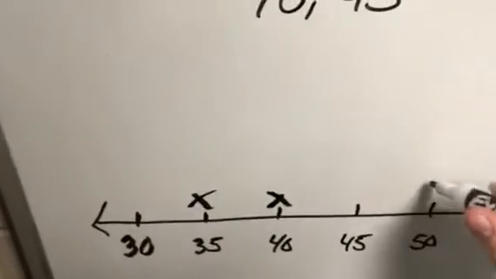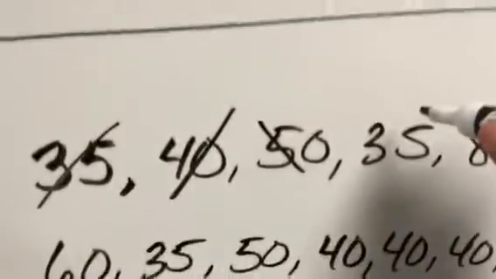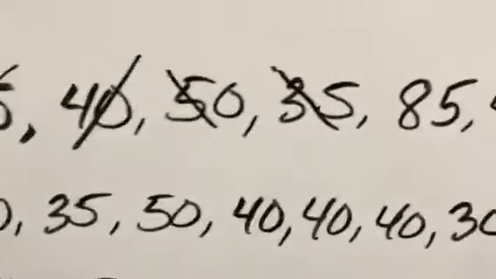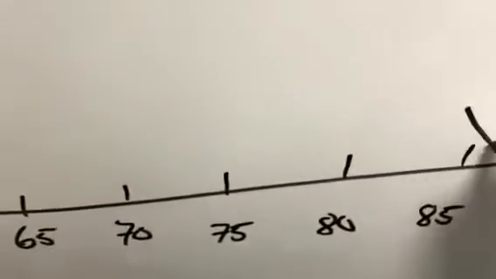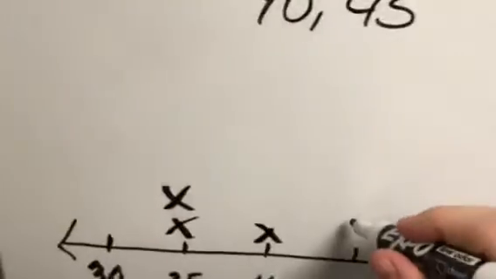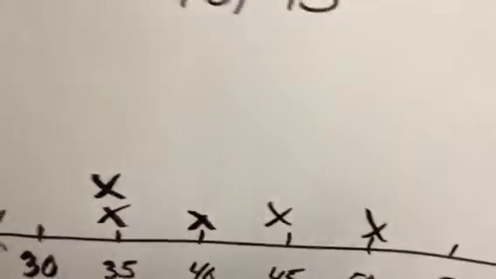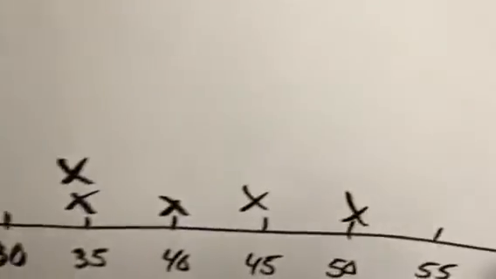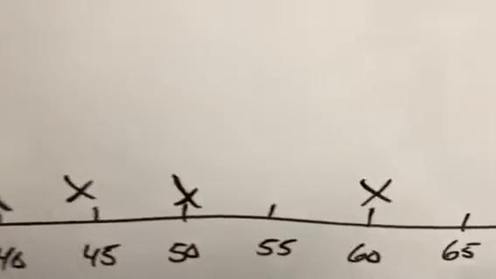50. X at 50. 35. Another x on 35. 85, way over here. 45, put an x down here. 60 was there.